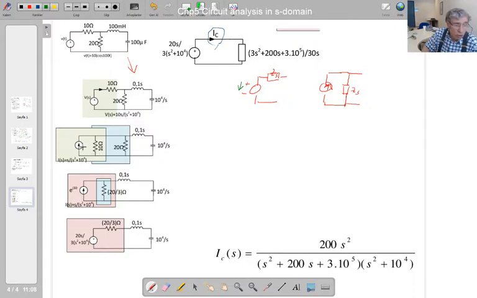So how we are going to calculate this independent current source current is simple, isn't it? This voltage over 10.